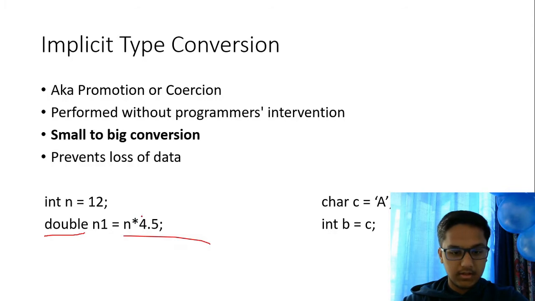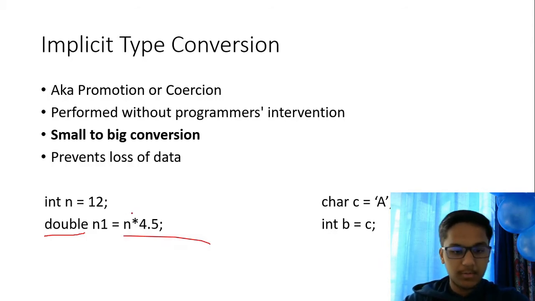To prevent loss of data, it converts the smaller data type to a larger one. So in this case 12 gets converted to double, which is 12.0.